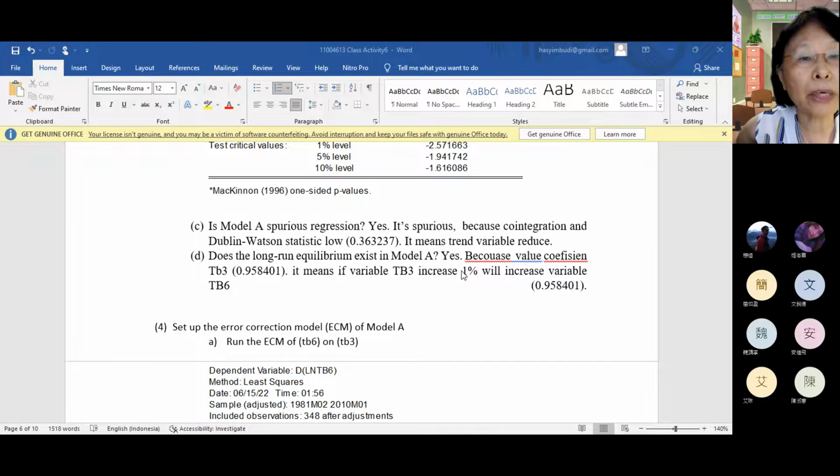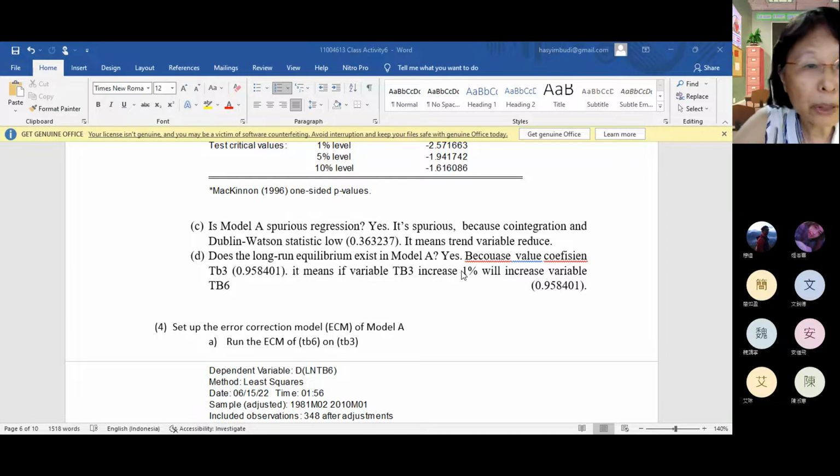If we cannot show the residual is stationary, then of course the result is spurious. That's very important.